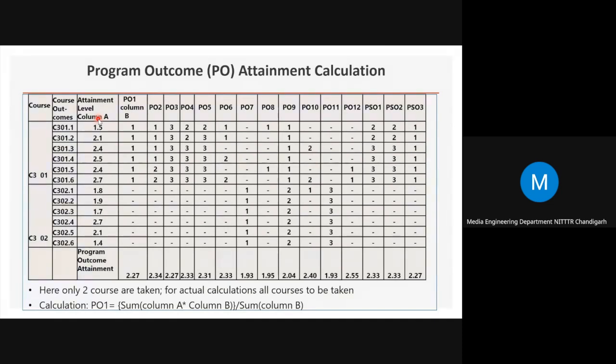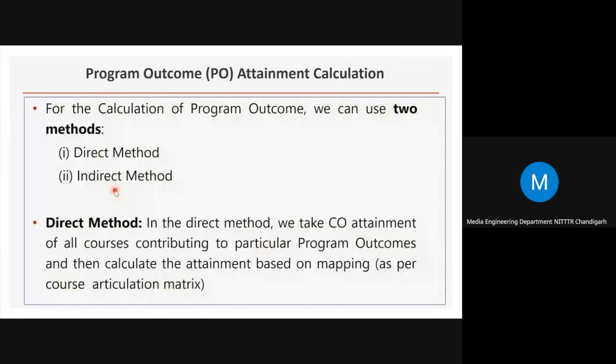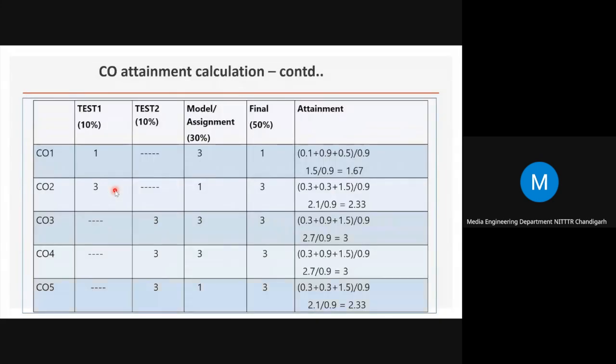From those calculations, we get such values, like I will show you again. You can see here that for this particular subject, the CO1 attainment is 1.67, CO2 attainment is 2.33, CO3 is 3, CO4 is again 3, CO5 is 2.33.